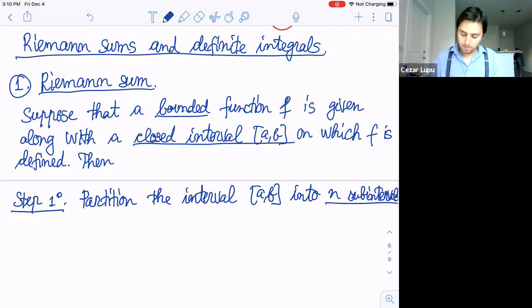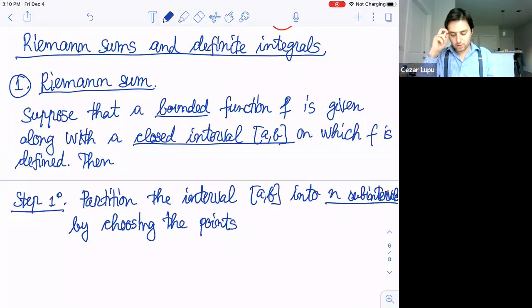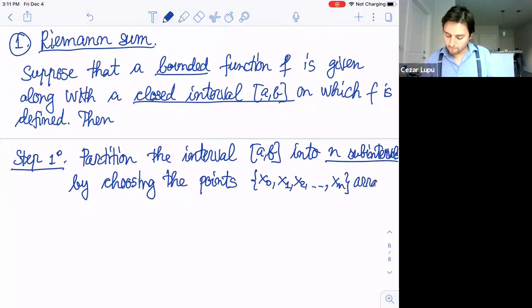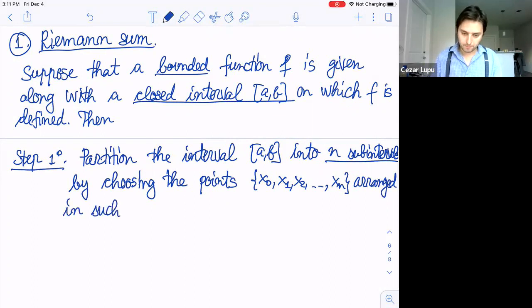We do this by choosing the points x0, x1, x2, all the way to xn, and these points are arranged in such a way that we have the following inequality.